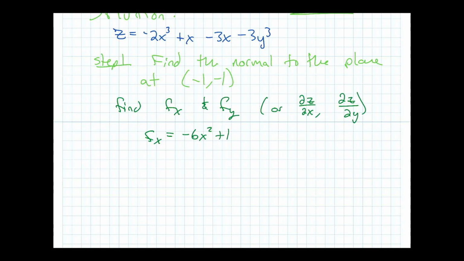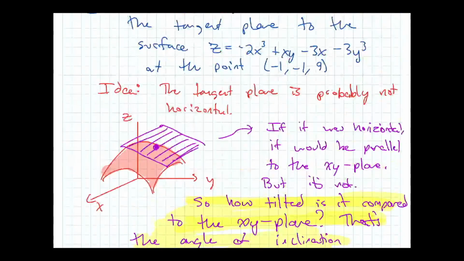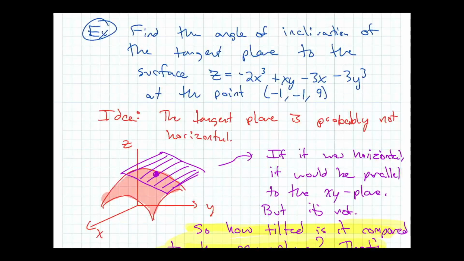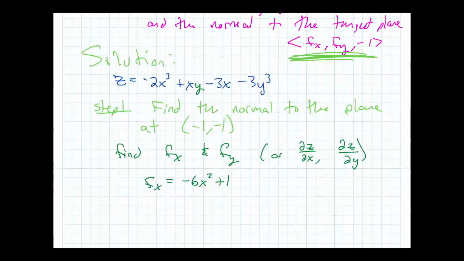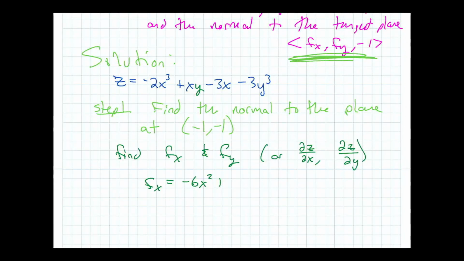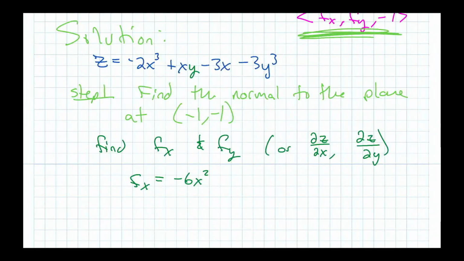Wait. Oh, it's supposed to be xy. Did I write it wrong? Okay, no, I copy pasted it wrong. It missed the y somehow. Okay. So -6x, the derivative of xy with respect to x is y.